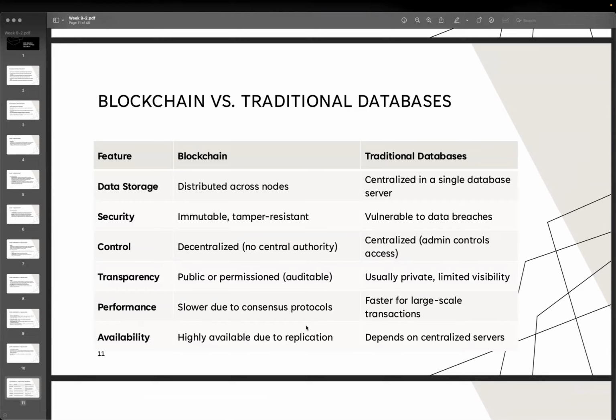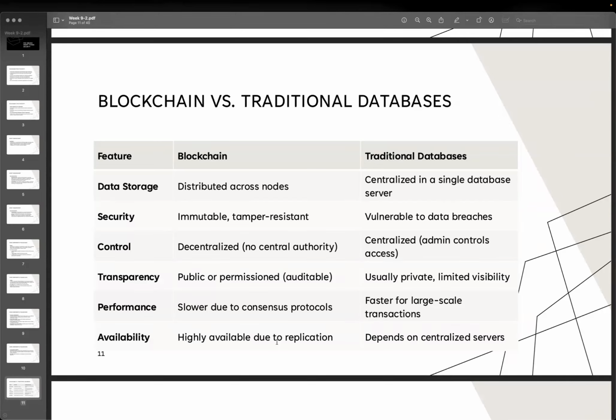And for availability, if you remember the CIA triad, A is availability. Blockchain can be highly available due to replication, because we have multiple nodes involved, so even if one is down, other nodes can help serve it. For a traditional system this depends on your server.